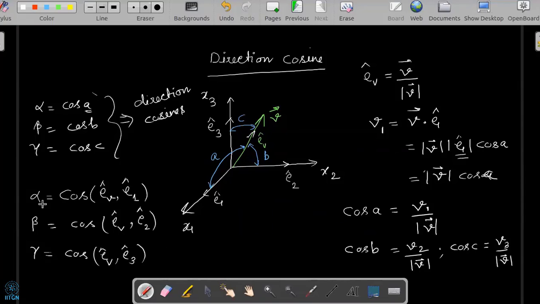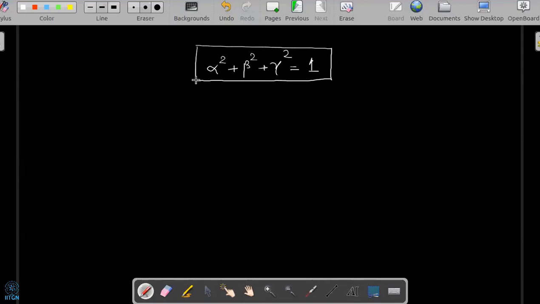Now this alpha, beta, and gamma have a property. If you write alpha square plus beta square plus gamma square, this is equal to 1. So this condition must be satisfied if these are the direction cosines.